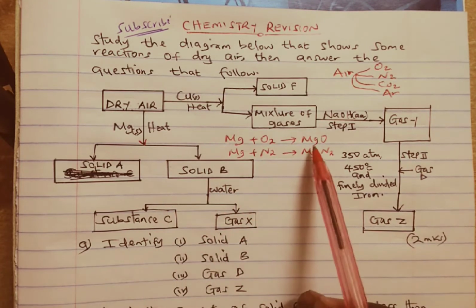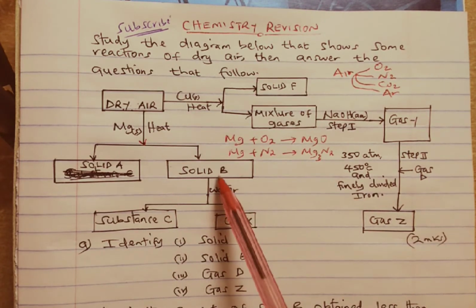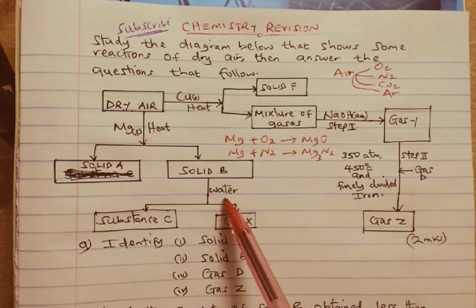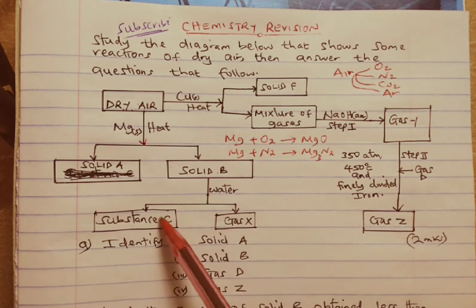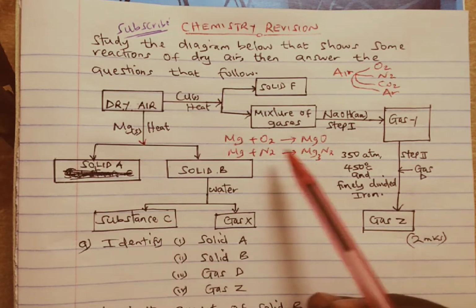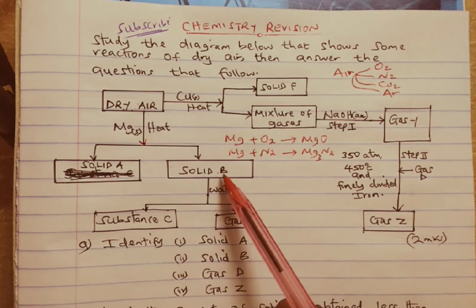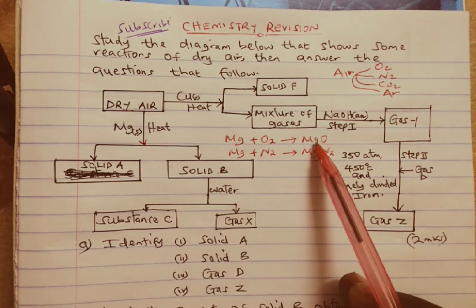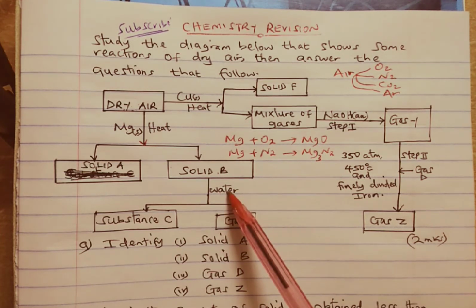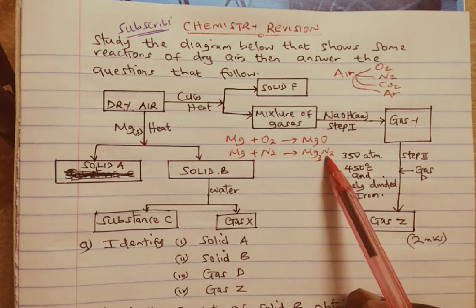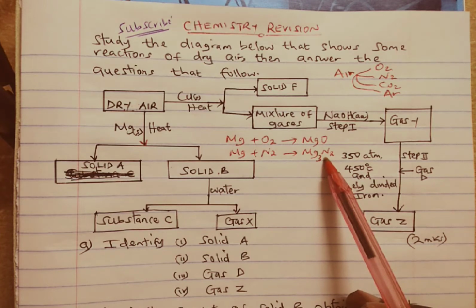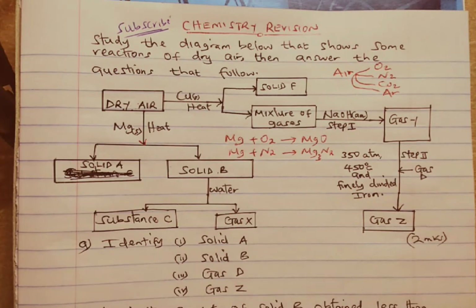Then we have now solid B reacting with water to form gas X and substance C. So to know which one is solid A and which one is solid B, magnesium oxide reacts with water to form magnesium hydroxide, and therefore there is no gas produced. So it is magnesium nitride that reacts with water to form magnesium hydroxide and ammonia gas.